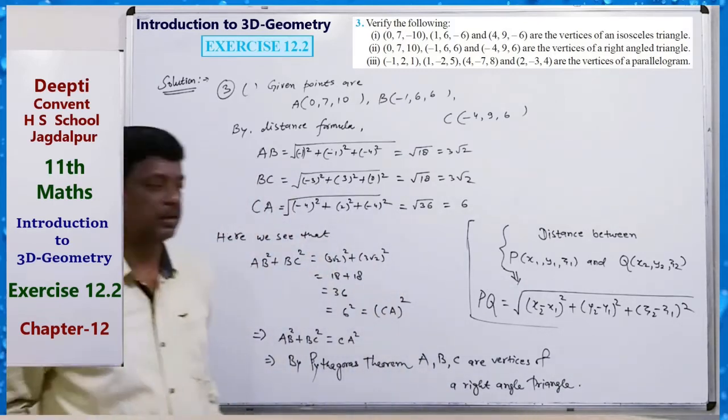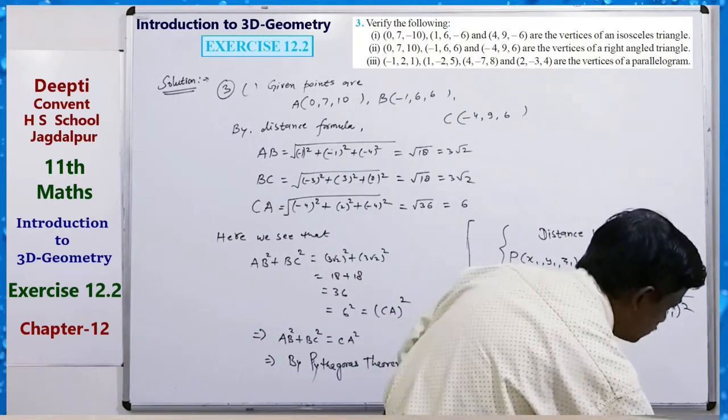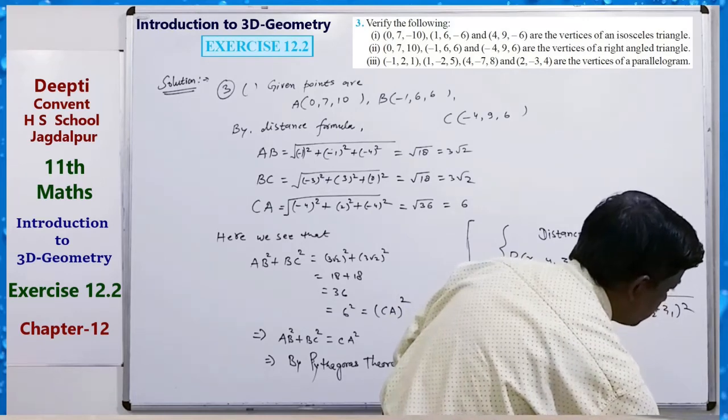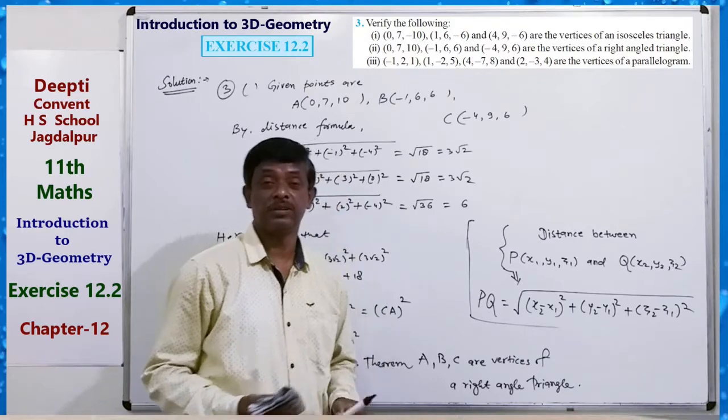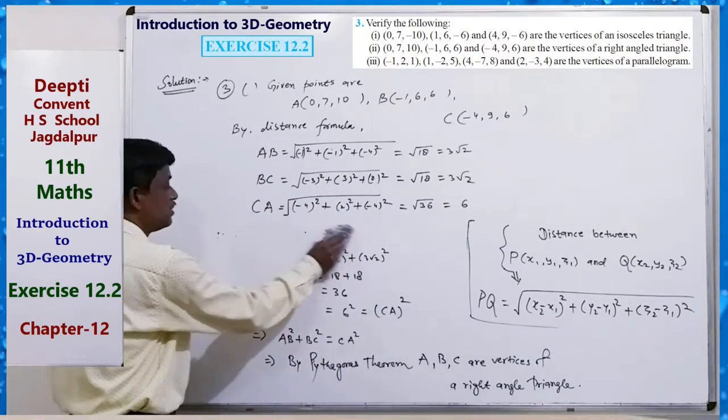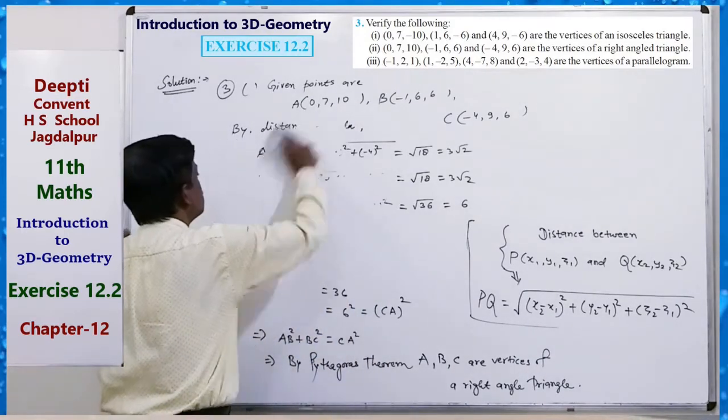Vertex of a right angle triangle. And for parallelogram, you can prove it. In a parallelogram, the lengths of opposite sides are equal.